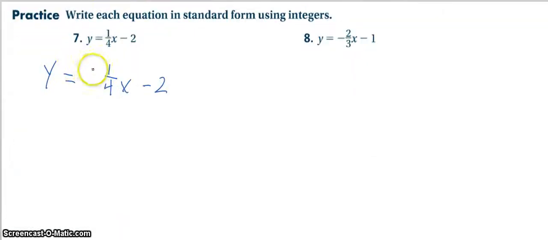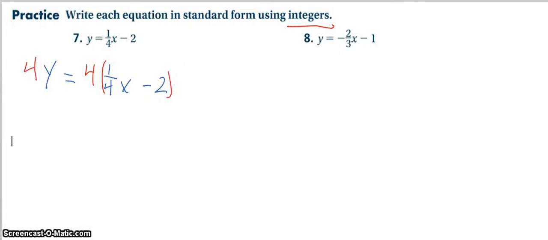So another approach that we can take with these problems is to get the integers first, since again with standard form we want to use integers. So to get integers here, because I have 1/4 x, I would need to multiply by 4, but because I'm doing that, it's going to happen to the entire right side.